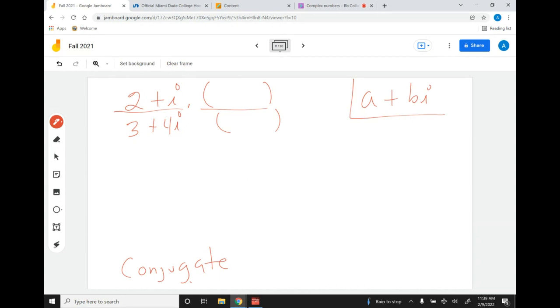Okay, so this is new to you. The conjugate of the denominator will be equal to this. Notice that everything looks the same except that the sign in the middle will change. Since this is a positive, the conjugate will have a negative, and vice versa. Okay, so I'm going to multiply top and bottom by the conjugate.